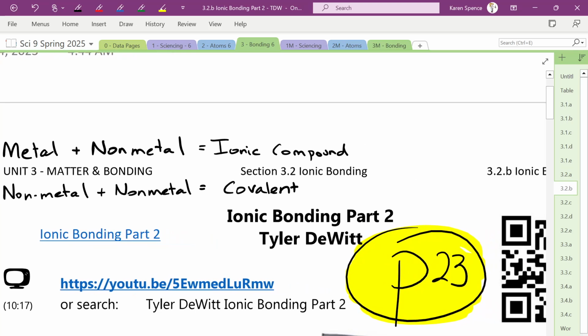And in an ionic compound, what happens to the electrons?